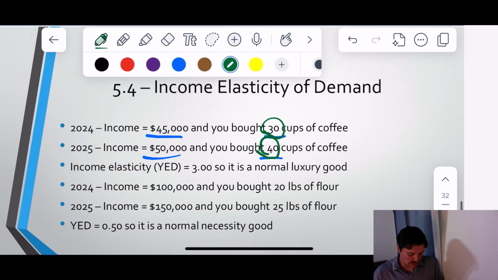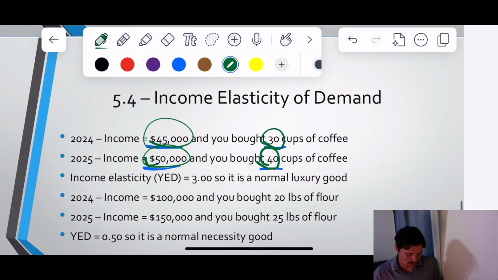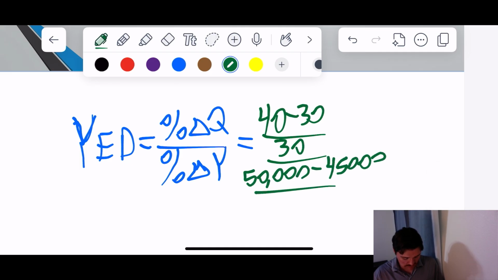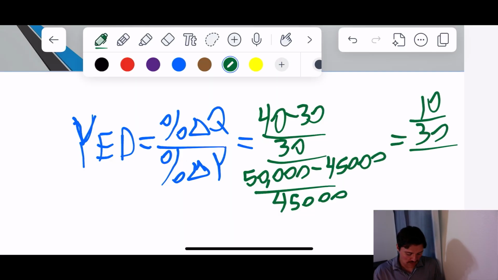We'll do the same for the income: new minus old divided by old. So we'll do 50,000 minus 45,000, divided by 45,000. If you were to do the math here, 40 minus 30 is 10, divided by 30. 50,000 minus 45,000 is 5,000, and we would divide this by 45,000.